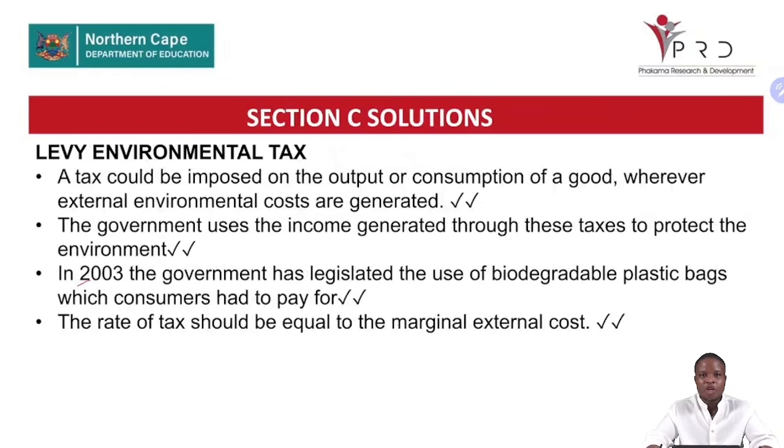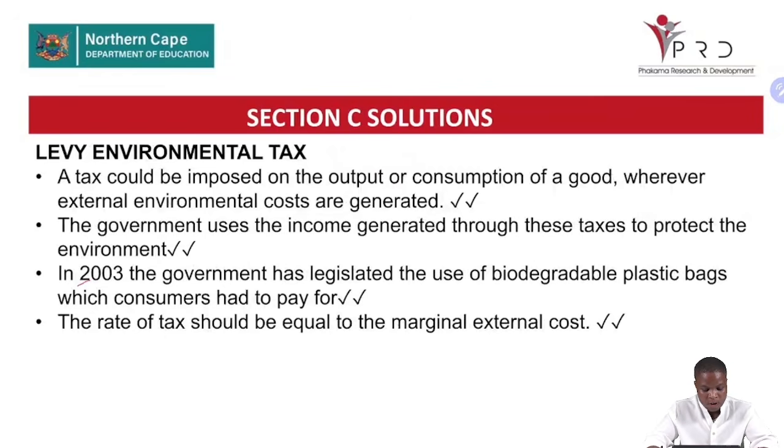Instead of buying many plastics, you can reuse the plastic that you have, or you can use paper bags, you can use other alternatives, because we know that plastic is dangerous for the environment. It lasts long in the environment, and it can harm our animals, it can harm our environment. So government tried to reduce the usage of plastic by putting a price on that.